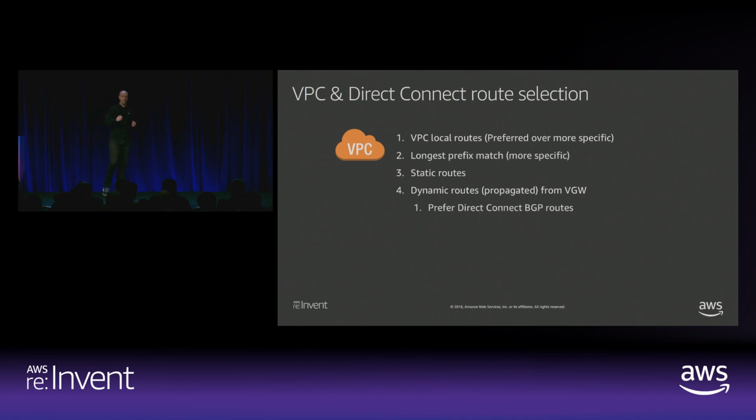From the propagated routes, we'll choose Direct Connect routes learned first, then VPN static routes, then VPN dynamic routes. Once the packet leaves the VPC and is on the Direct Connect router, the longest prefix match will be the first preference.